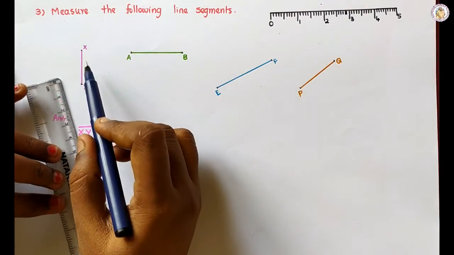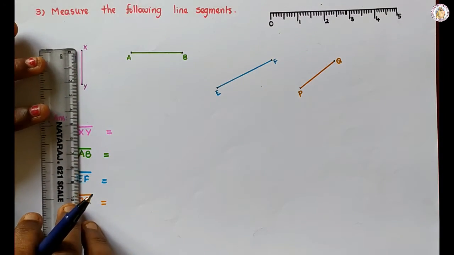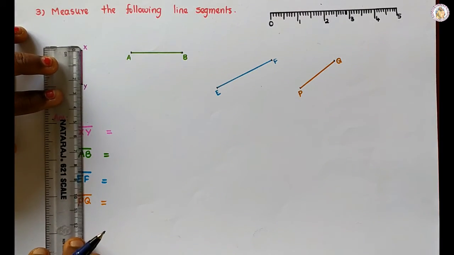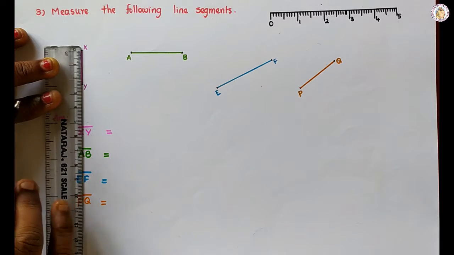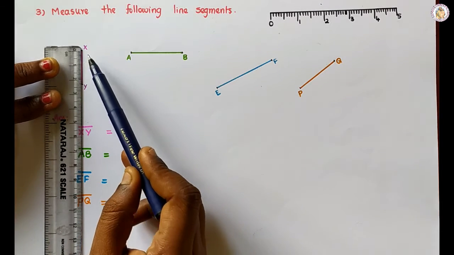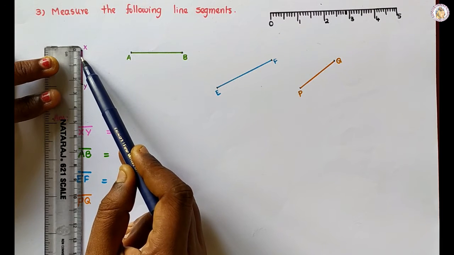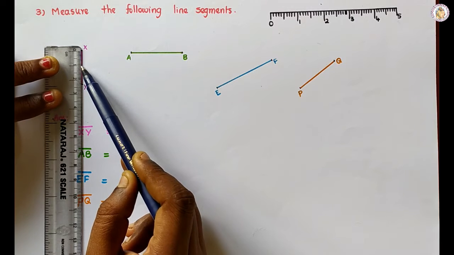Now we have to find out the length of the line segment. Listen, take your scale, put it from the starting point, that is 0. 0.1, 0.2, 0.3, 0.4, 0.5 and 1.